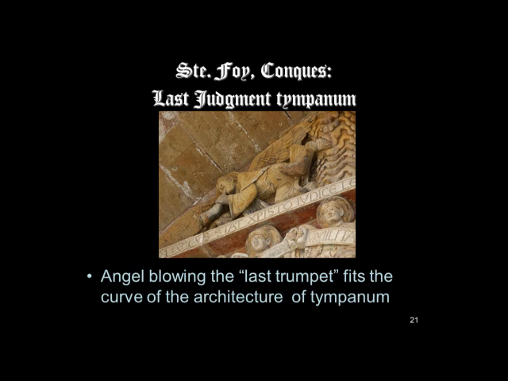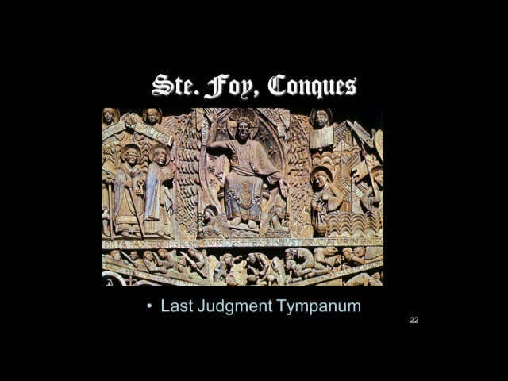And here you see in this little kind of curving triangle space left as the arch slopes down, we have one of the angels blowing the last trumpet, other angels holding banners. So once again, fitting in the shape of the architecture. And let's look a little closer at Christ and the figures there.